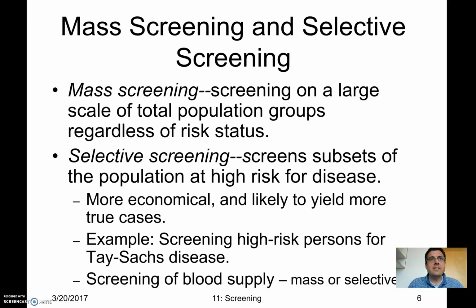For example, Tay-Sachs disease is an autosomal recessive genetic disorder or disease where it can cause long-term health consequences as a result in these individuals that are high risk. There is a gene that's associated with this particular disease that one can go and test for if individuals have a specific mutation. There are known populations, certain Jewish populations, as well as individuals that live in the Quebec area, as well as individuals that live in Louisiana that are known.